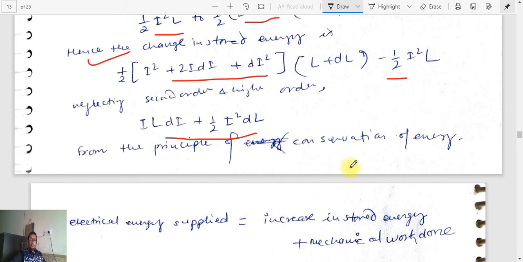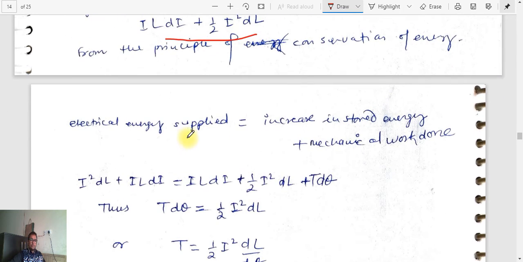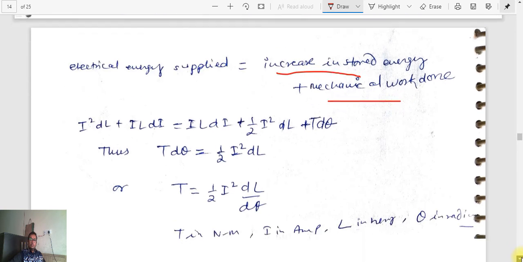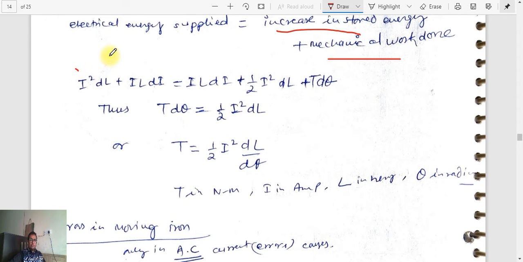From the principle of conservation of energy, electrical energy supplied is equal to increase in stored energy plus mechanical work done. So I square dL plus I L di equals I L di plus half I square dL plus T d theta.